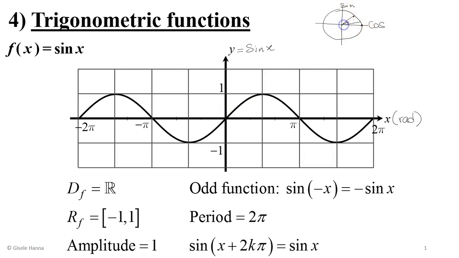As the angle increases inside the first quadrant between 0 and pi over 2, the sine function is increasing until it reaches y equals 1 at pi over 2, and on the unit circle, the point corresponding to an angle of pi over 2 or 90 degrees has an ordinate equal to 1. So sine of pi over 2 is 1.